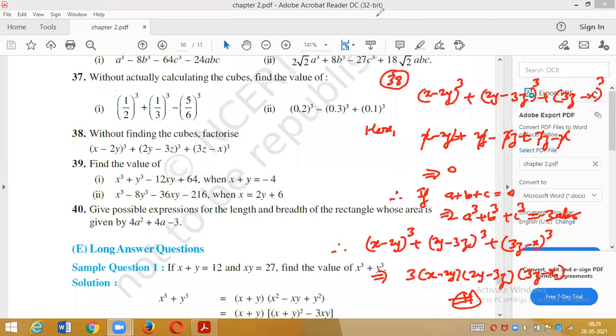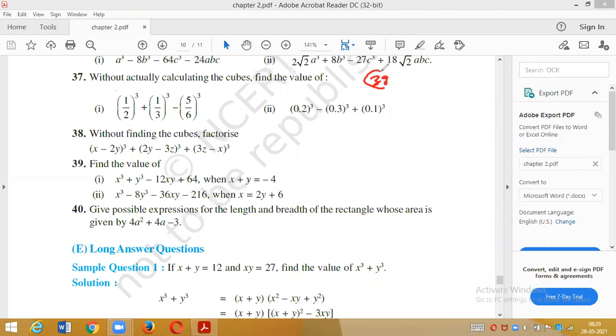Okay, now move to the question number 39, first one. You have given x plus y is equals to -4. x plus y is equals to -4 is given, and you have to prove that x cube plus y cube minus 12xy is equals to 64. It is very clear.